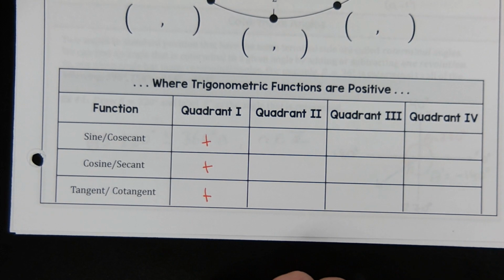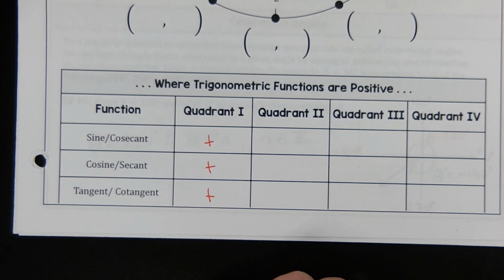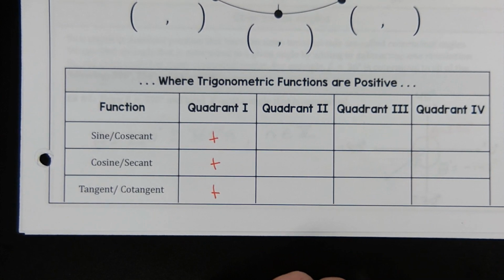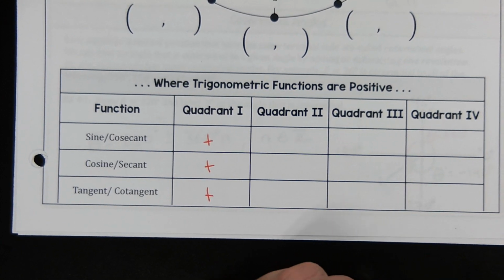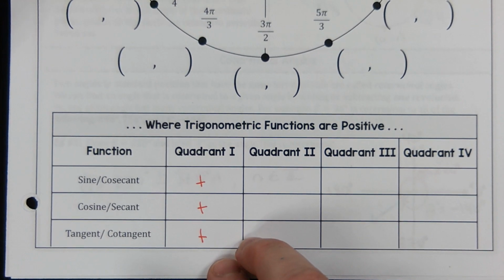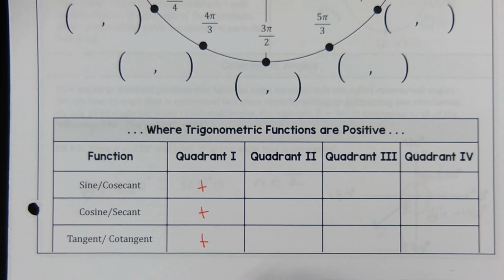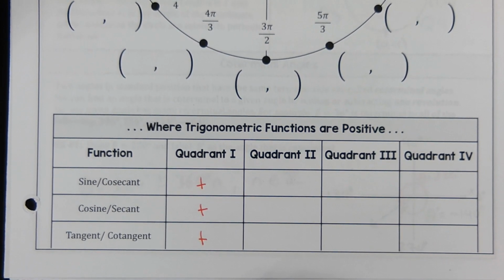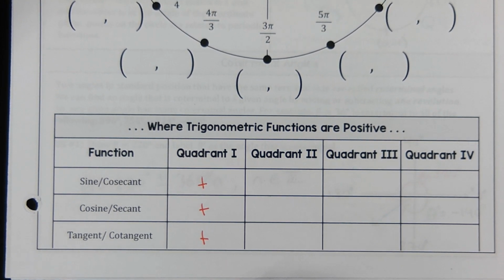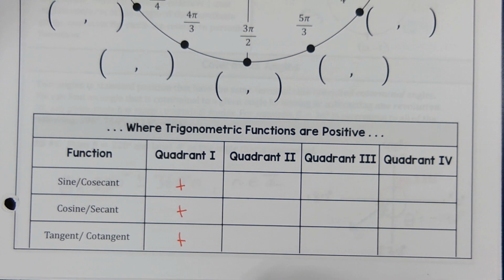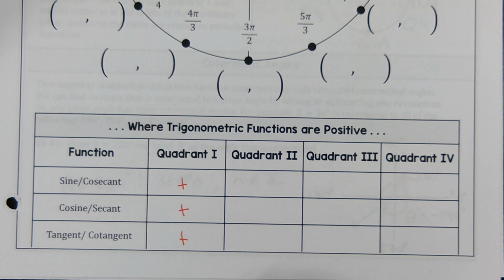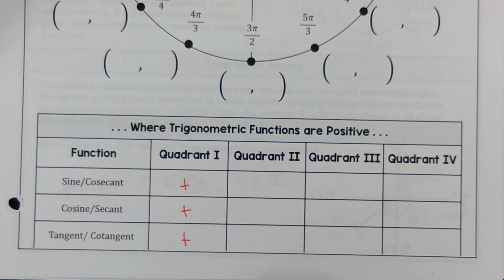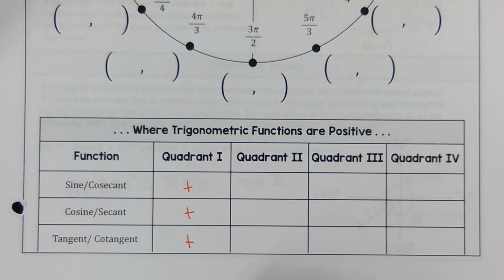Mr. M, I'm going to get confused. I feel like cosine should go with cosecant. And I go, you're not alone. The entire universe thinks that. It should go that way, but it doesn't. It's because the term secant was already being used in geometry before trigonometry was discovered. And then they found out that the secant lines they were drawing corresponded to the lengths of the reciprocal of their cosines. So they said, oh, well, that term's already used, so that's secant.